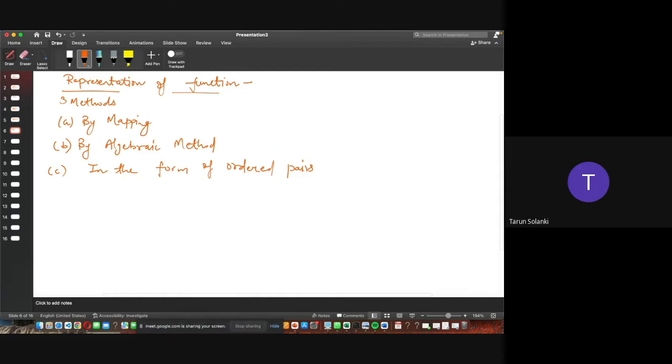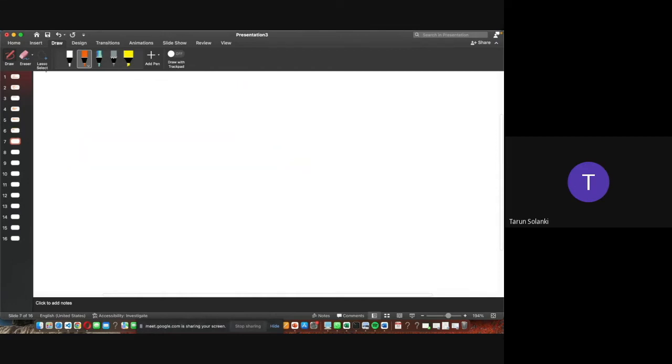Okay. So first start with the mapping. It shows the graphical aspects of the relation of the elements of A with the elements of B. Okay, what does it mean?